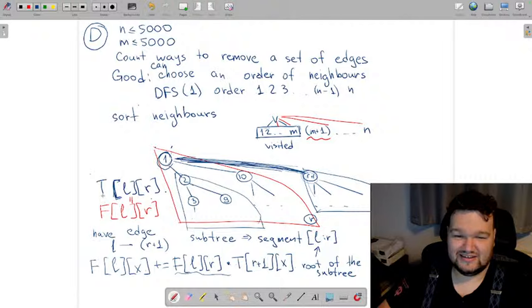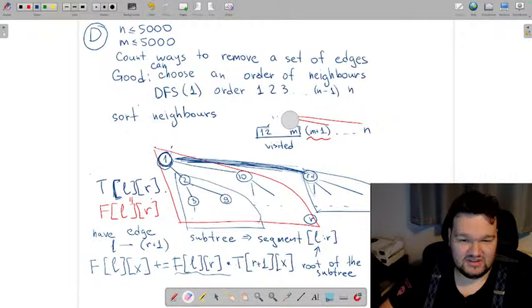Right. So I was trying to explain how do we count sets of edges to remove, and said that we will consider the edges to remove when we consider the root.